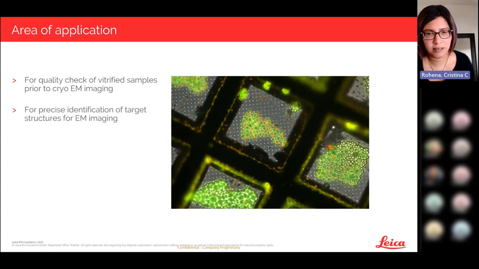In CryoCLEM, ice contamination can be a really big issue, and you can use this system to check what areas of your grids have contamination prior to that cryo EM imaging. Similarly, you can use this to get much better and much more precise identification of target structures for EM images.